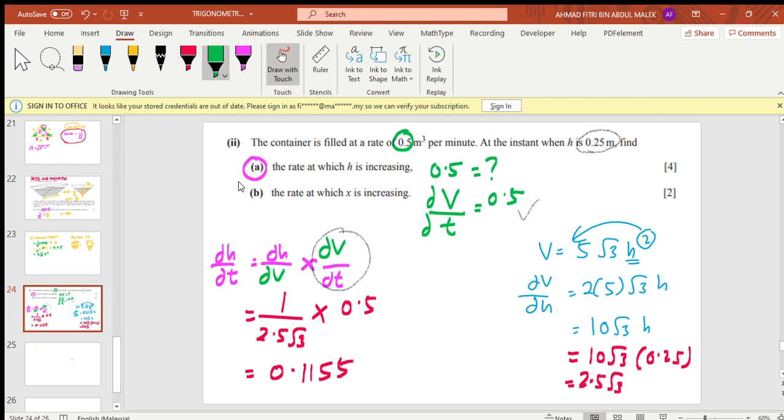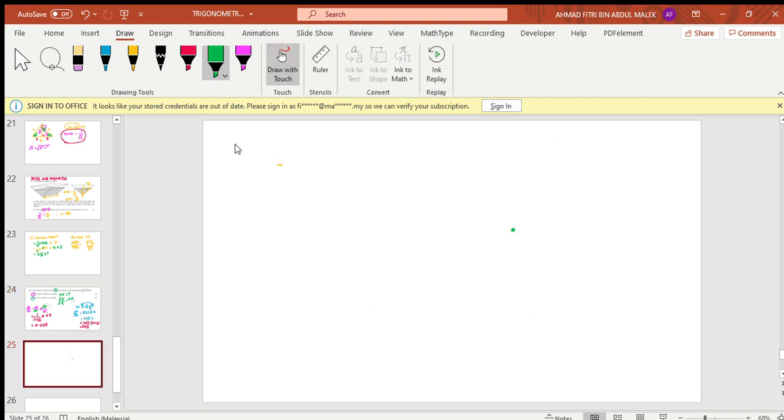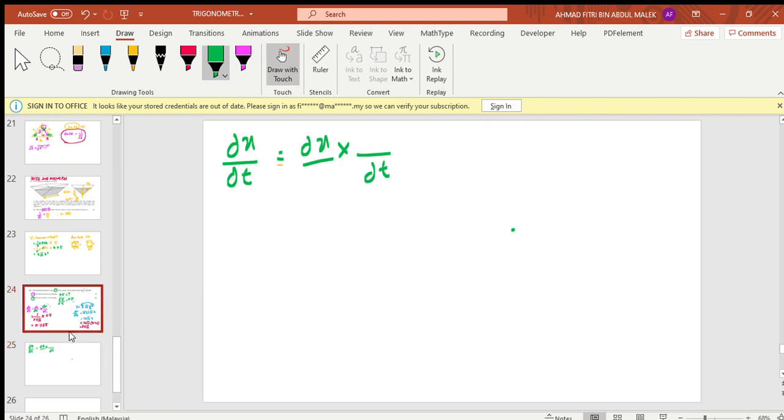For second question part B, find the rate at which x is increasing. So when x is increasing, dx over dt. Use the chain rule also. What to put here?